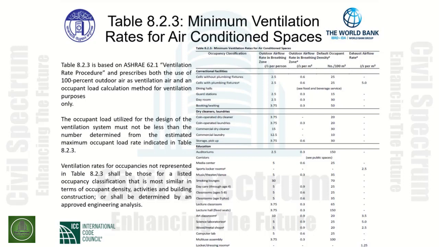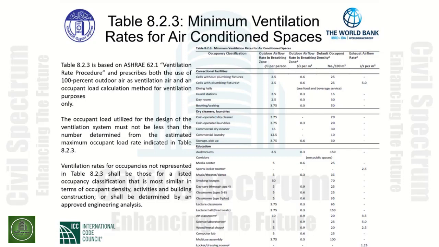This table prescribes both the use of 100% outdoor air as ventilation air and an occupant load calculation method for ventilation purposes only. The occupant load utilized for the design of the ventilation system must not be less than the number determined from the estimated maximum occupant load rate indicated in Table 8.2.3.